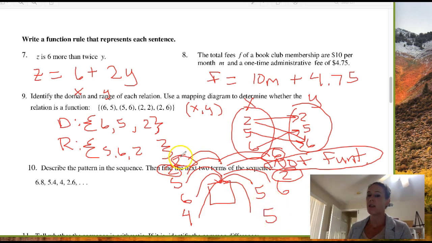X's, you cannot repeat an X and get out a different answer. So it's the X's that you're looking for. Do any of your X's repeat? If they do, do they give you the same answer? If not, you are not a function. And you can just look here. 2 repeats. 2 gives me out a 2 one time, and 2 gives me out a 6 the next time. This is not functional, and you're done.